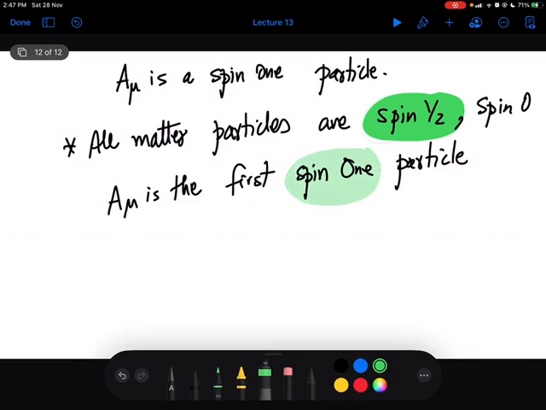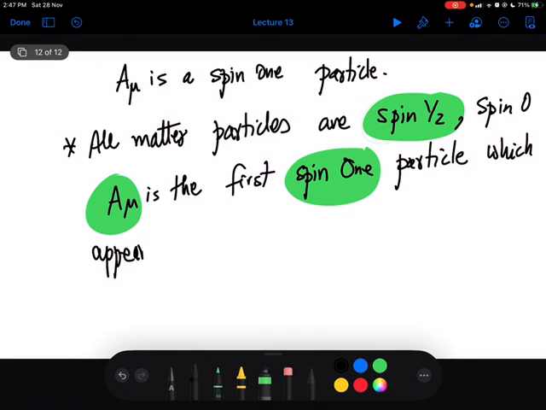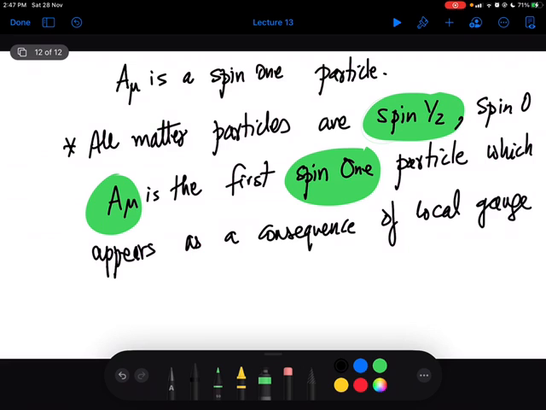But now you have a spin 1 particle, A mu, and this appears as a consequence of local gauge invariance.